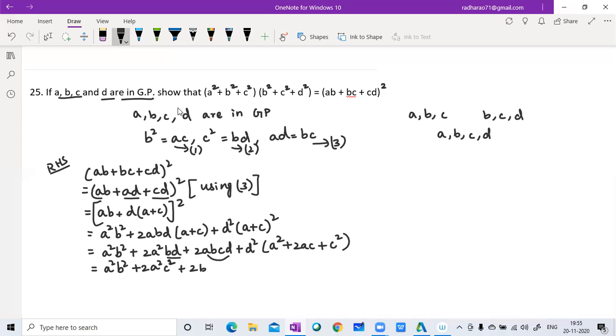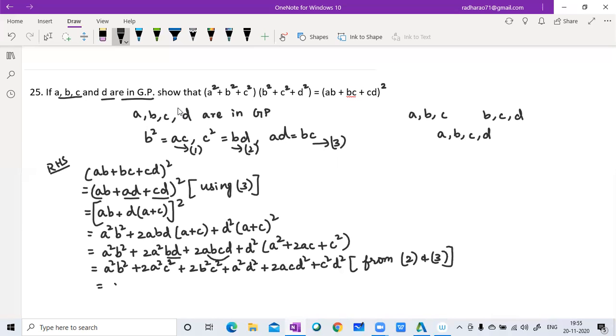So bc into bc becomes b²c². Then I multiply this d² with a², so a²d² + 2acd² + c²d². I used equation number 2 as well as 3.